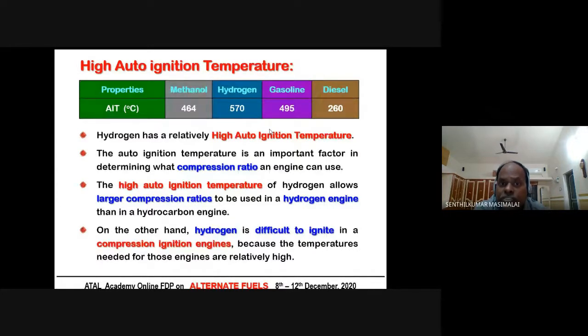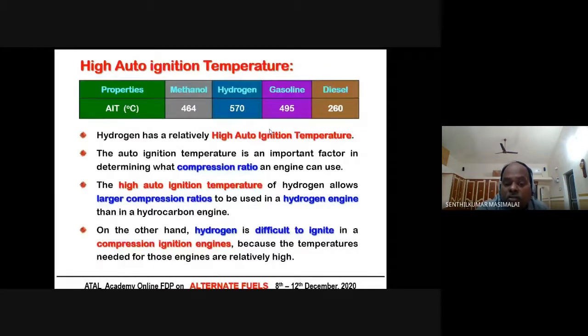Whereas if you use hydrogen as fuel in your spark ignition engine, then you can increase the compression ratio without any problem of knocking.